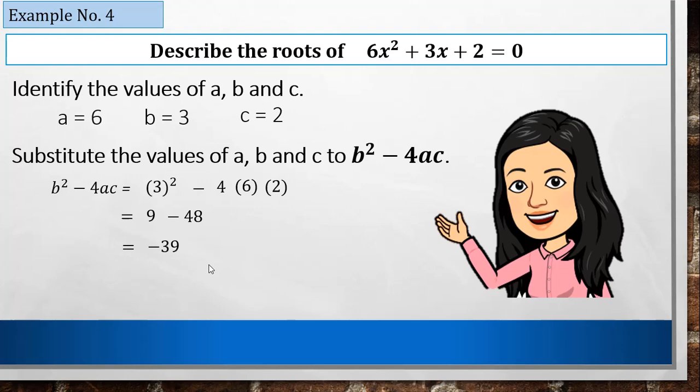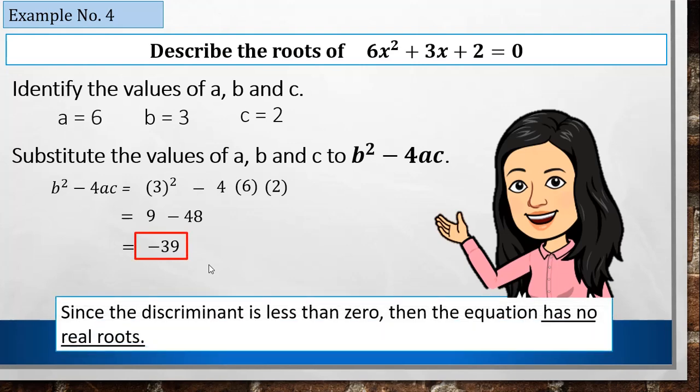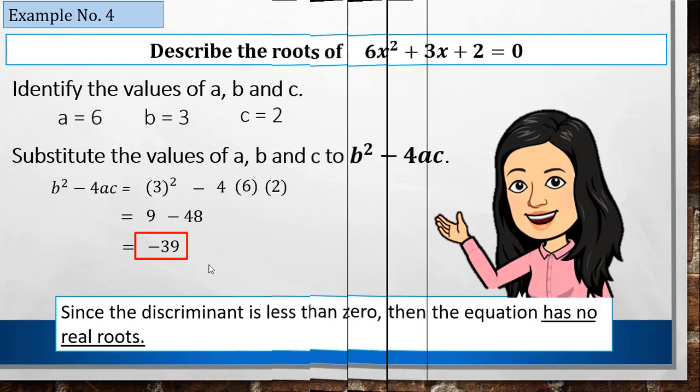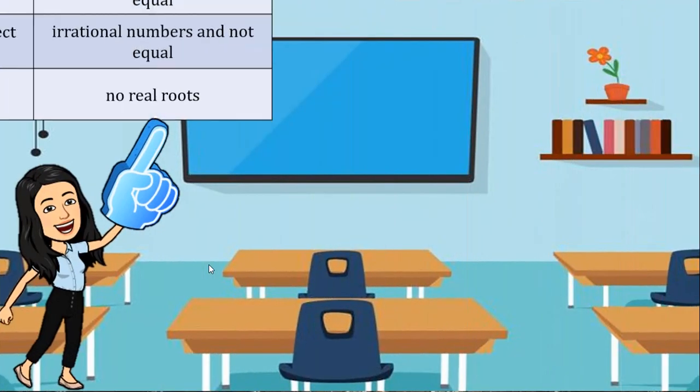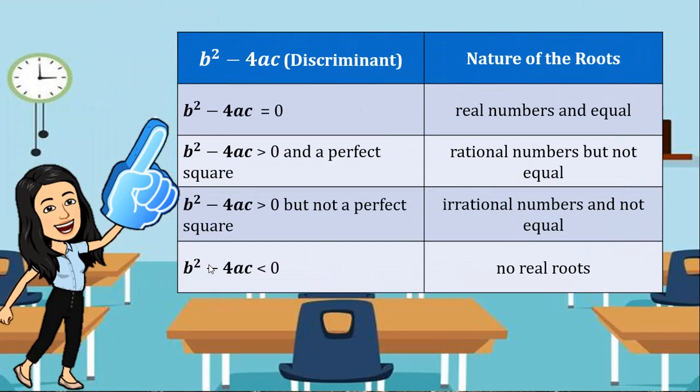So, negative 39 is less than 0. So, since the discriminant is less than 0, then the equation 6x squared plus 3x plus 2 equals 0 has no real roots.